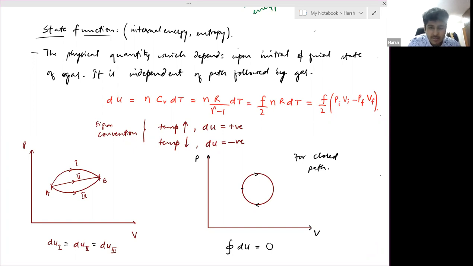Sir, it is independent of the path followed by the gas. Okay, path, yes.